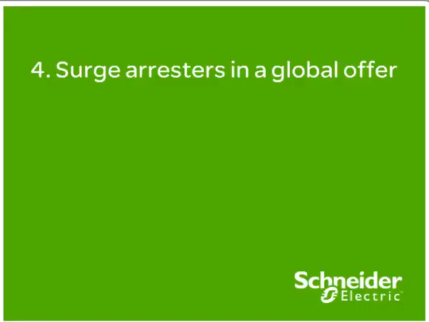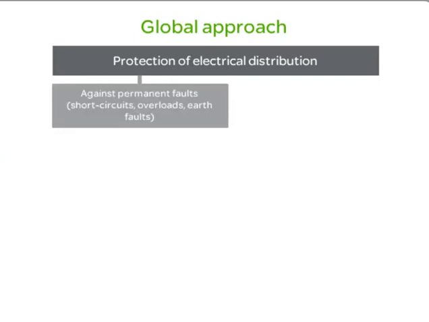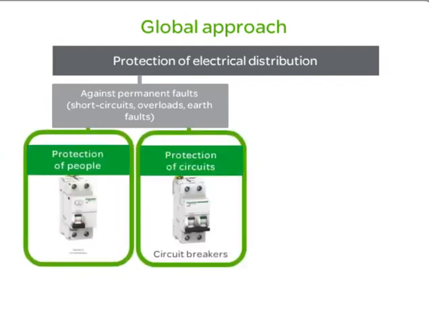Surge arresters in a global offer. Schneider Electric is a major player in the area of overvoltage protection. It is the world's electrical distribution specialist, and through its products, it can guarantee comprehensive installation protection. Protection against permanent faults, such as short circuits, overloads, and earth faults, is used to protect installations by circuit breaker functions and protect people by residual current device functions.